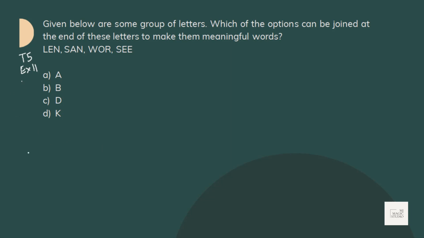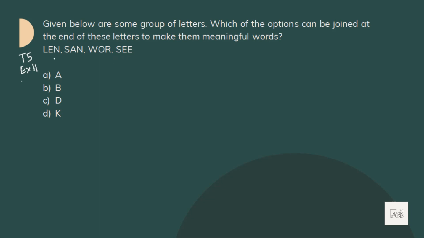So example number 11 of type 5. Given below are some groups of letters. Which of the options can be joined at the end of these letters to make them meaningful words? It's always advisable to pick a letter from the given options and see. If I put A: Lena, Sana, Vora.